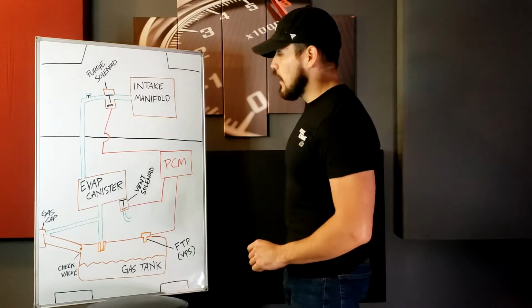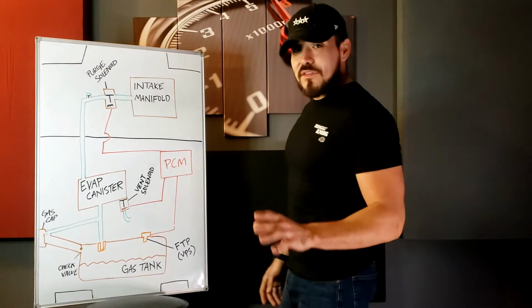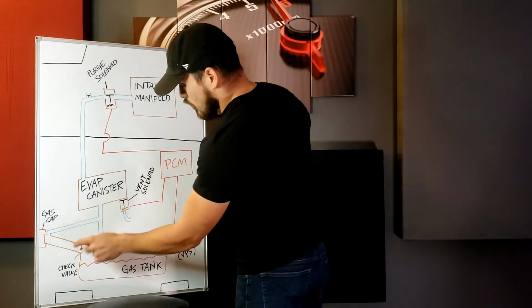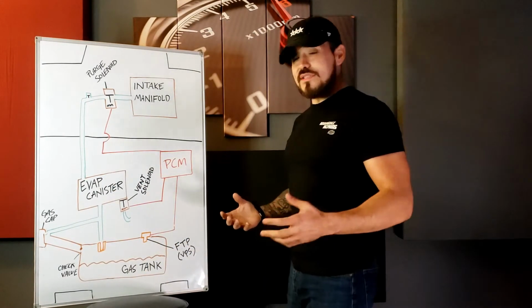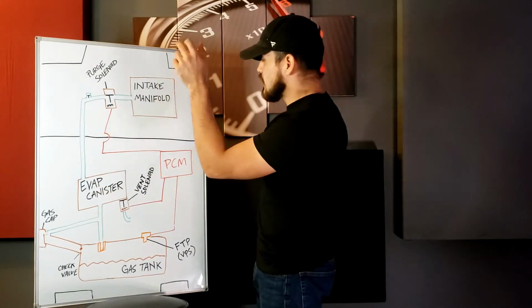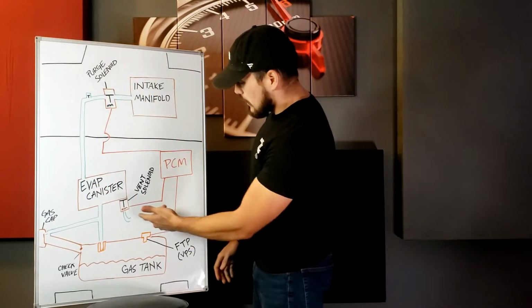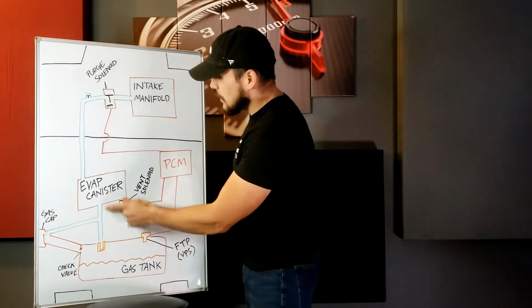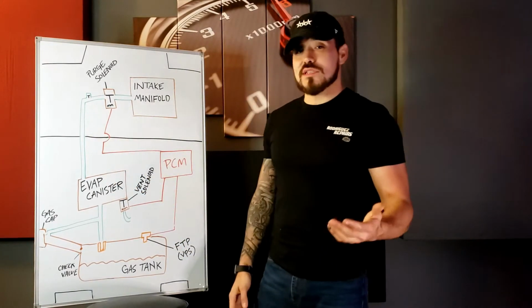So before I start explaining, I want to explain the colors I used. Everything that's in brown are actual individual components. For example, the gas tank, EVAP canister, the intake manifold, purge solenoid, vent solenoid, so they're actual components, okay? Anything that you see in green will be lines and hoses, okay?